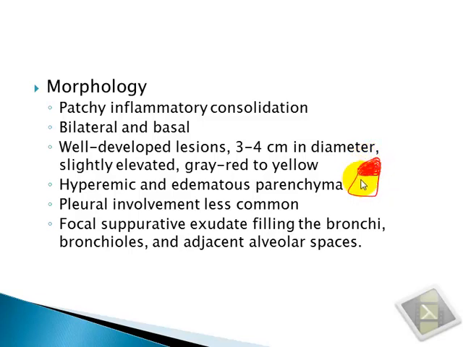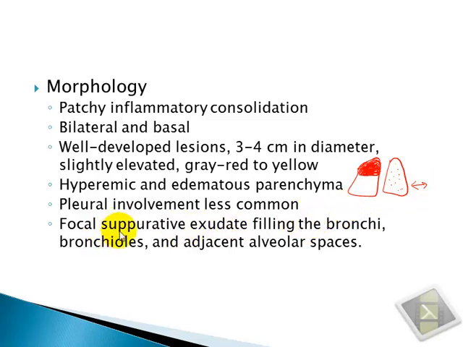So pleura will be involved. Whereas in these bronchopneumonias, which will have a patchy distribution, you don't really expect the involvement of the pleura. So in bronchopneumonias, you have less pleural involvement.